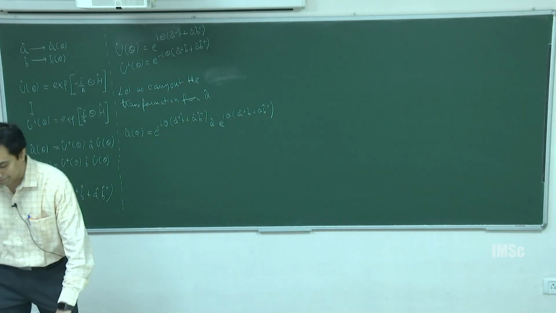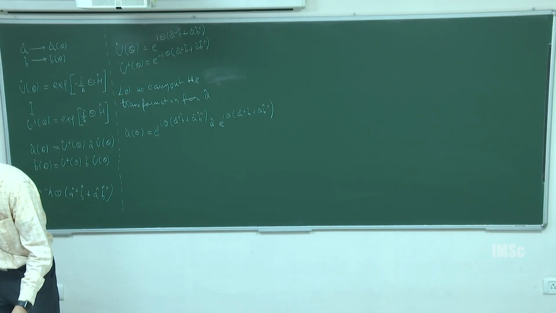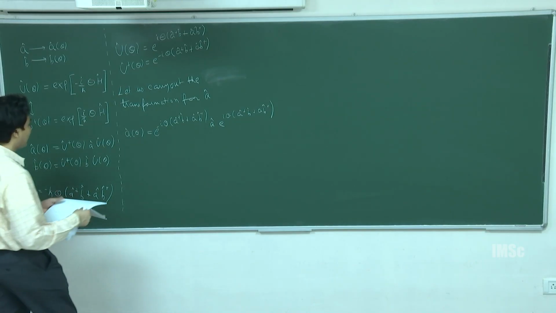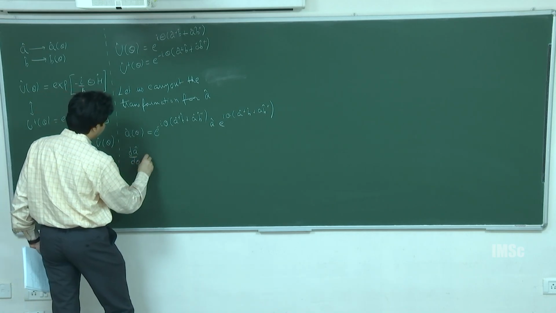So the standard trick in quantum mechanics, quantum optics is to differentiate both sides with respect to theta.